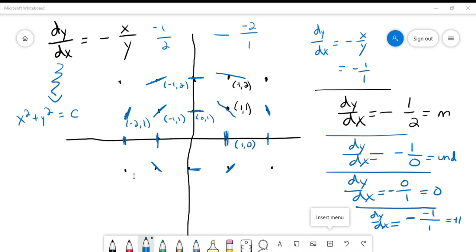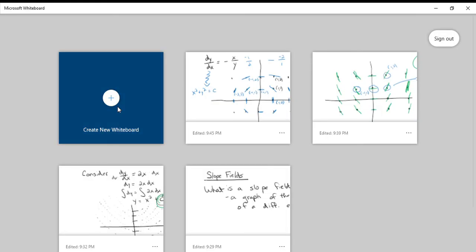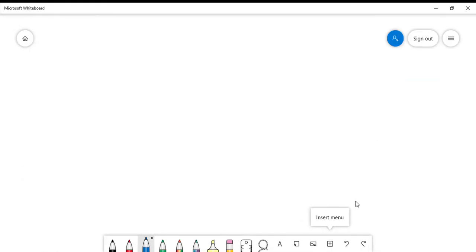If I have dy/dx equals the sine of x, and I believe that I can copy and paste that image in there, if you give me just a second. There we go.